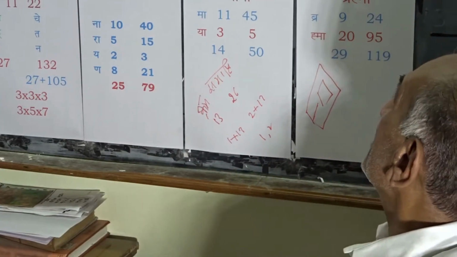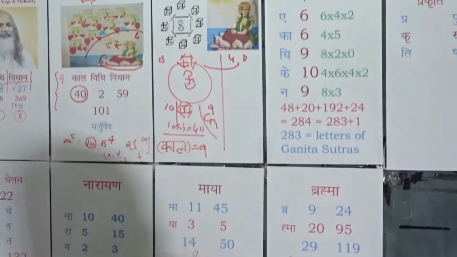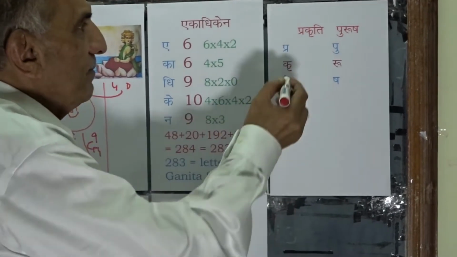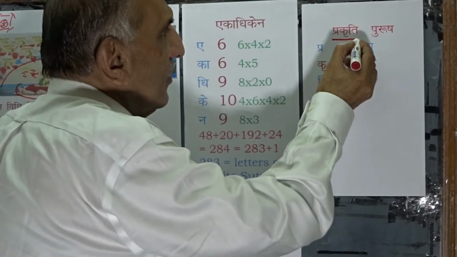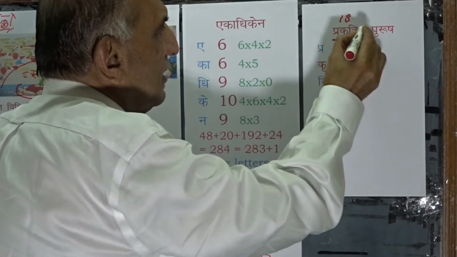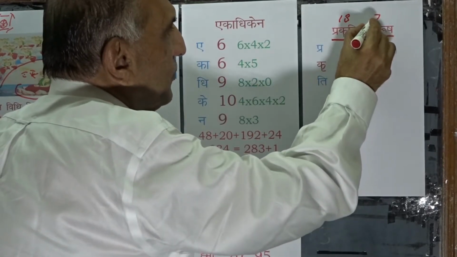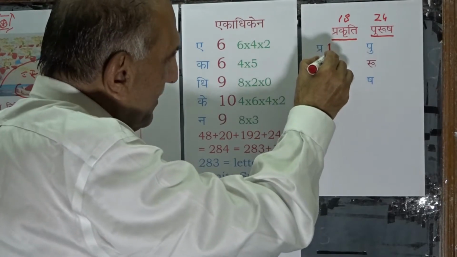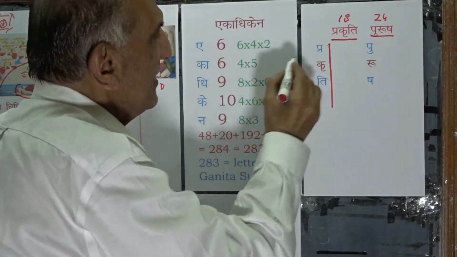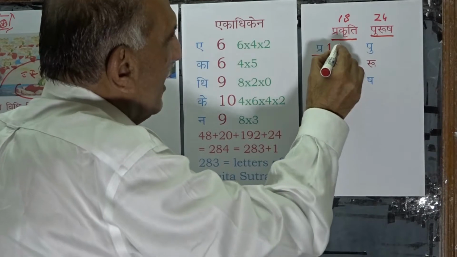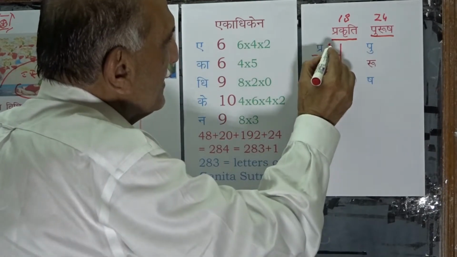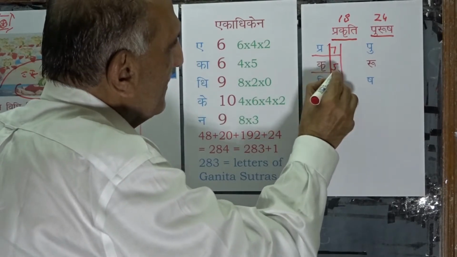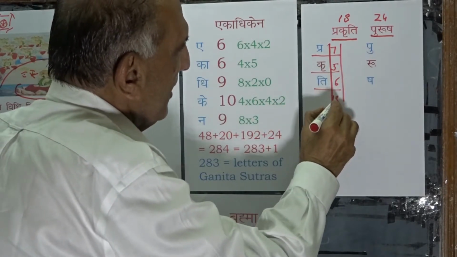Let us illustratively take up the different formulations. Say Prakriti, it is of value 18, Purusha, it is of value 24. Now, Prakriti is a composition of triple syllables, and these syllables are leading us to value 7, 5 and 6, making value 18.